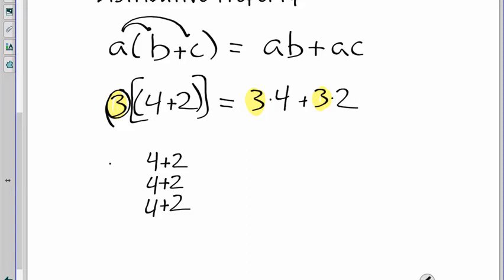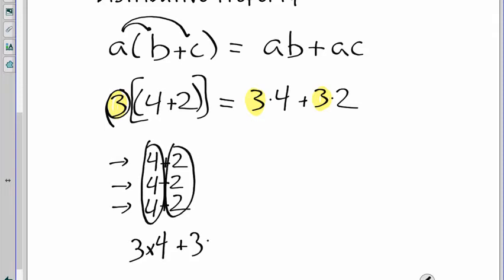Here's one group, 2 groups, 3 groups. I have 3 groups of 4 plus 2. That's the same as 3 groups of 4 plus, that's that right there, and I have 3 groups of 2. So you can see it in more of a graphic form there.